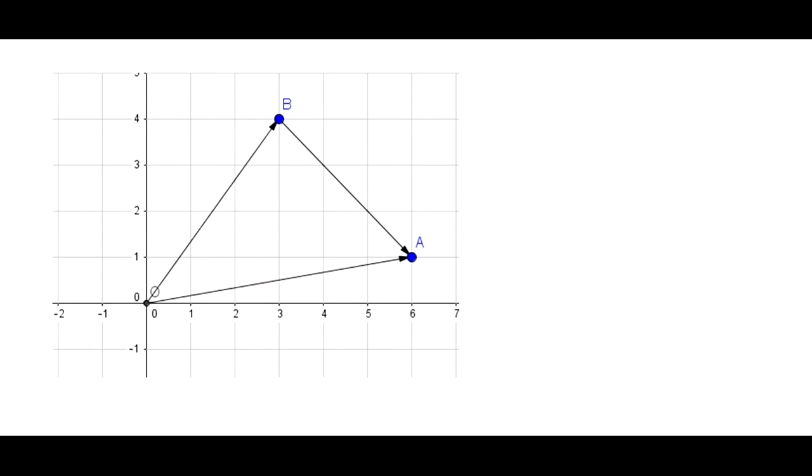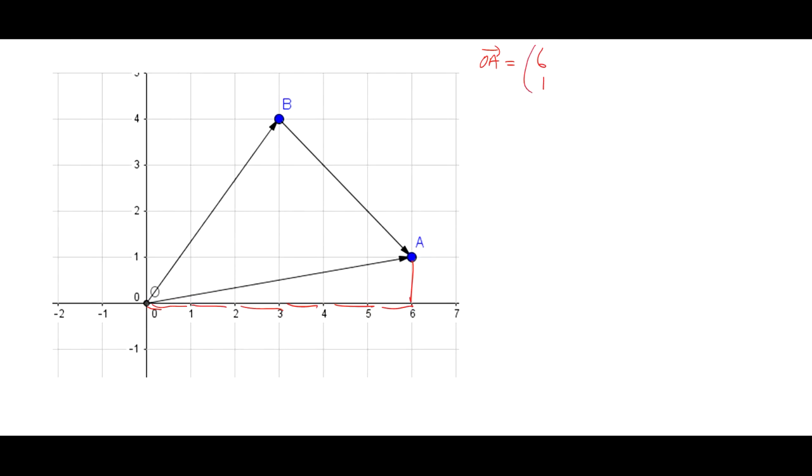Now, let's go to this next thing here. Right, now this is a typical exam question. They give you a diagram, and they say, write down the column vectors OA and OB, right? So OA is equal to, now we'll start from the origin. We go 1, 2, 3, 4, 5, 6. So it's 6, and we're going up 1.